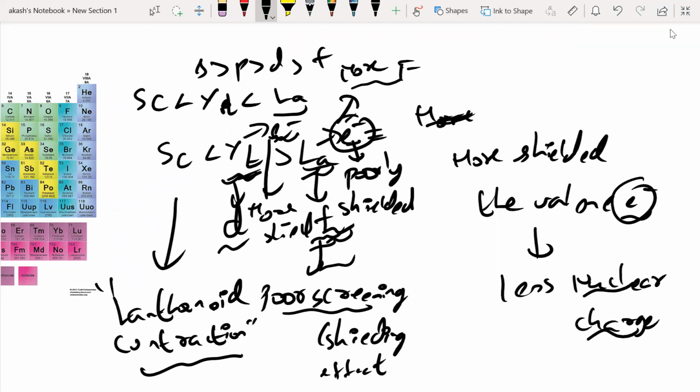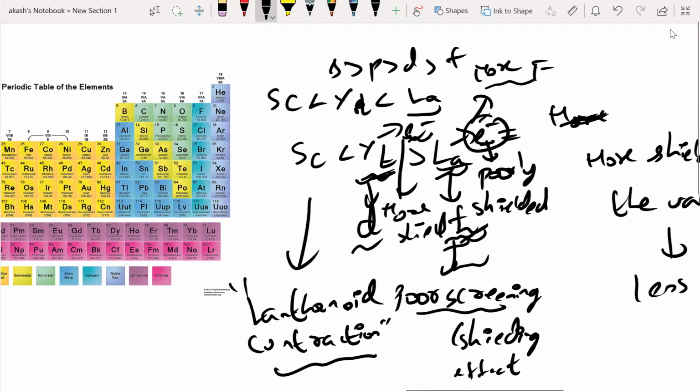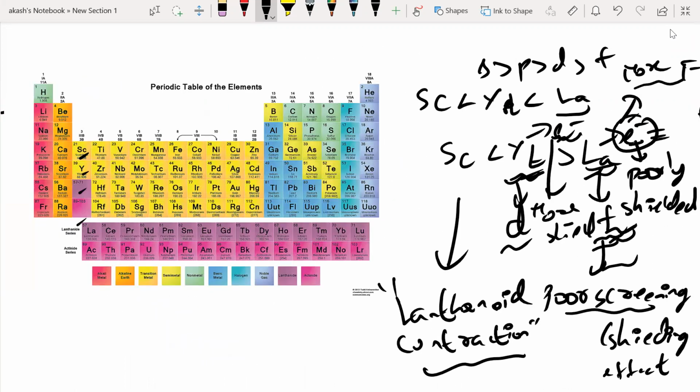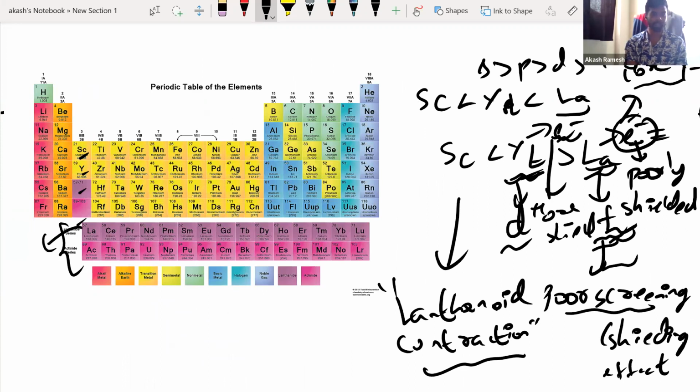Okay. Sir, I have a doubt. Yeah, please tell me. Sir, why will this lanthanoid contraction take place between lanthanum and actinium? Okay, why is it happening between these two is what you're asking? Yes, sir. Okay, so here it happens because the electron goes into 4f and here it goes into 5f.